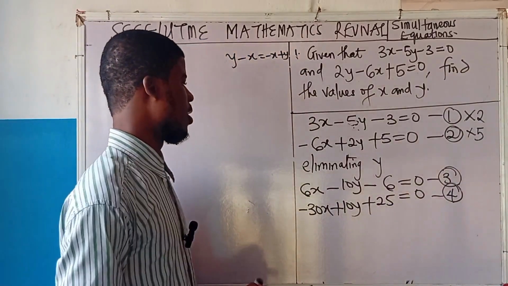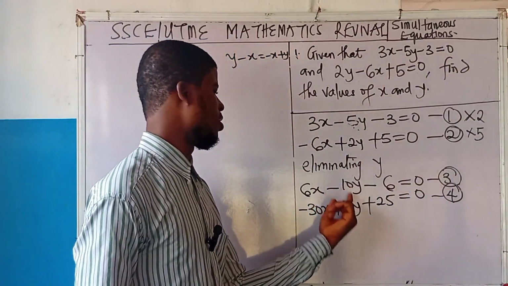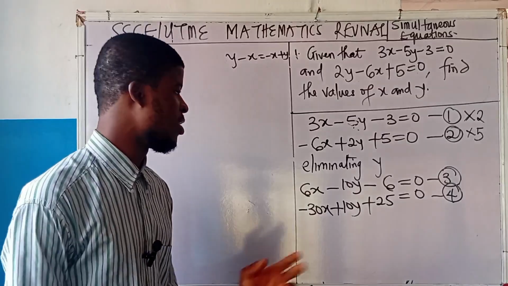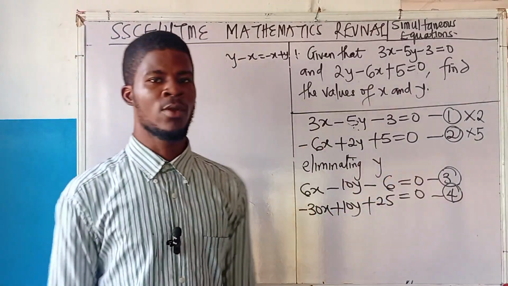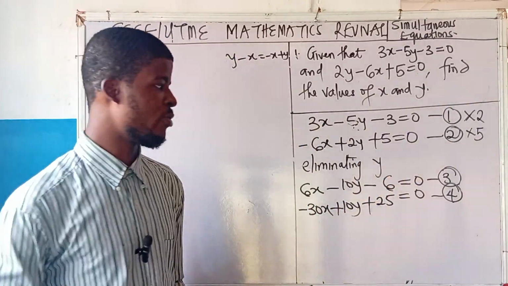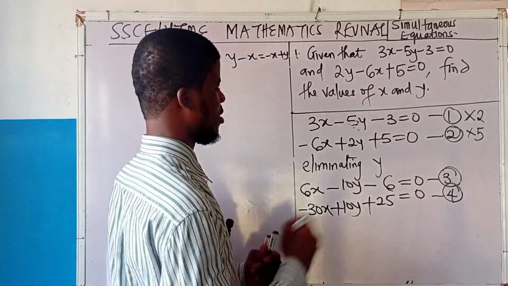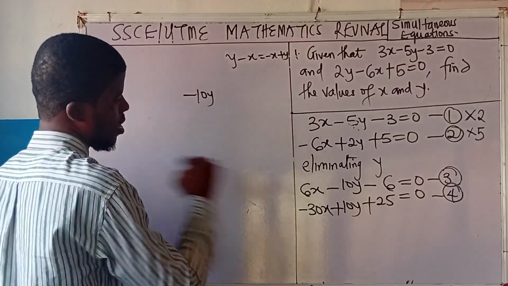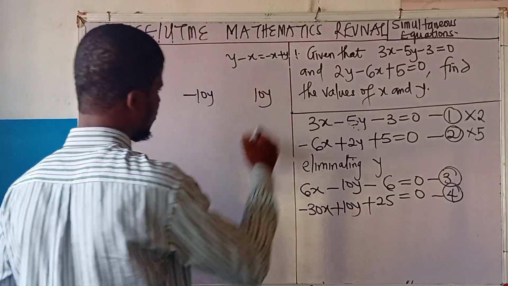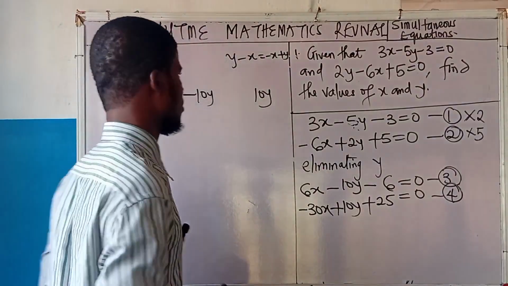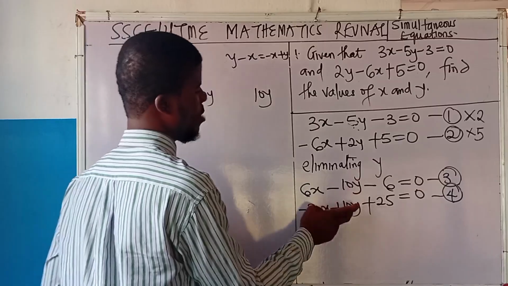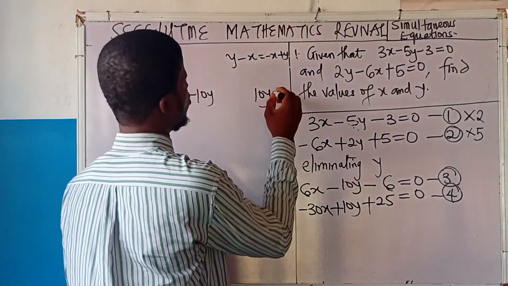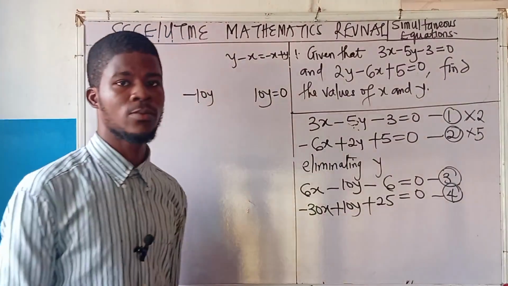Alright. Now that both values of the coefficient of y are the same, 10, 10, I can either add equation 3 and 4, or I can subtract equation 3 from 4, or 4 from 3. This is the idea. I have minus 10y for the first one. I have plus 10y here. Elimination means that I will combine these two terms using either plus or minus, such that the two will give me 0.